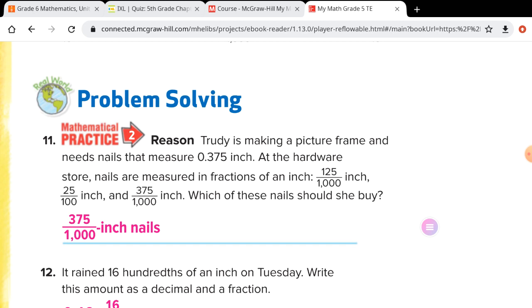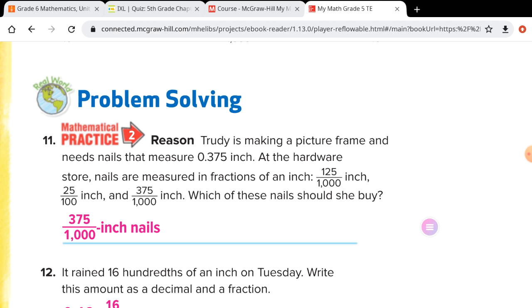Now number 11 I told you could mark out, but it's really not that hard. It's just kind of a weird question. So we're going to talk about it. It said Trudy is making a picture frame and needs nails that are 0.375 inch. At the hardware store, nails are measured in fractions of an inch. There's one nail that the label says 125 over 1,000 inch. There's one that says 25 over 100 inch.